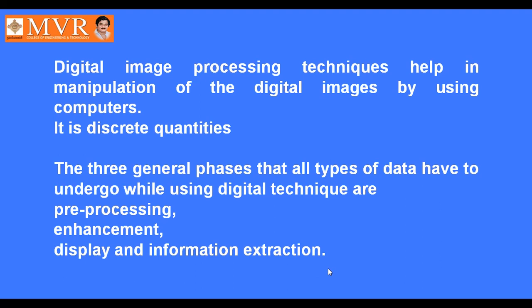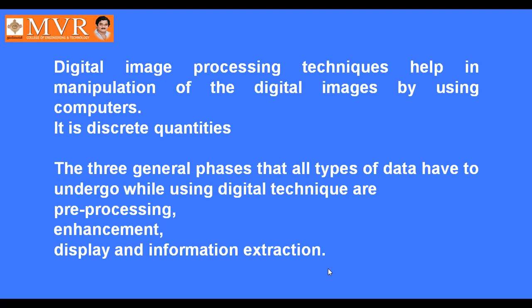A digital image is made of discrete quantities, whereas an analog image is continuous. These are the three general phases that all types of data have to undergo while using digital techniques: first pre-processing, second enhancement, third display and information extraction.